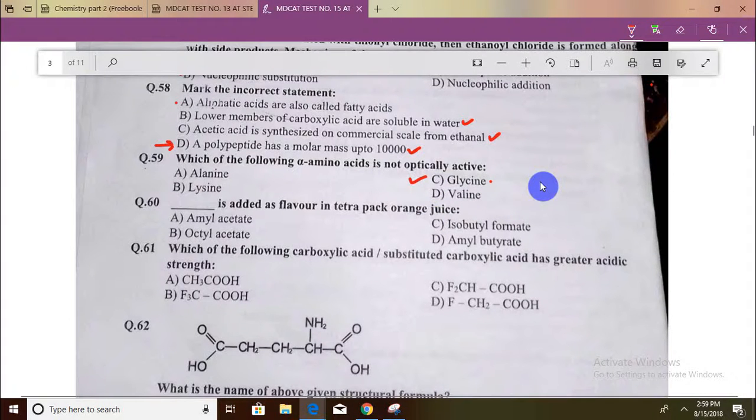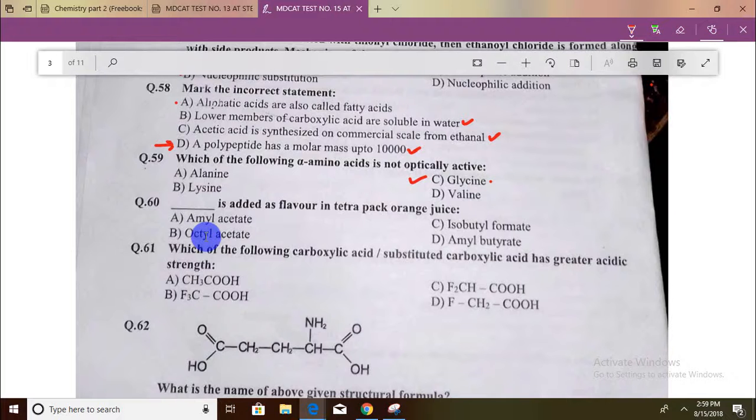So dash is added as a flavor in Tetra Pak orange juice. Now this needs to be an ester, and they've given just examples of esters, and there is a table in the book in the carboxylic acid topic, and over there it will be written that the ester octyl acetate has a particular flavor like that of orange.